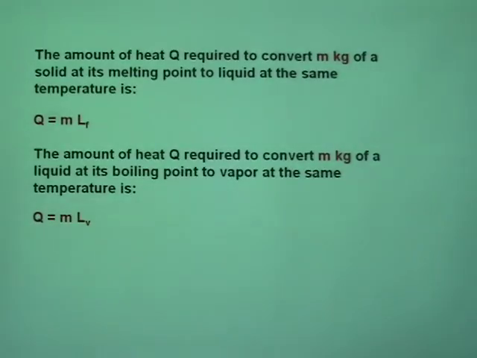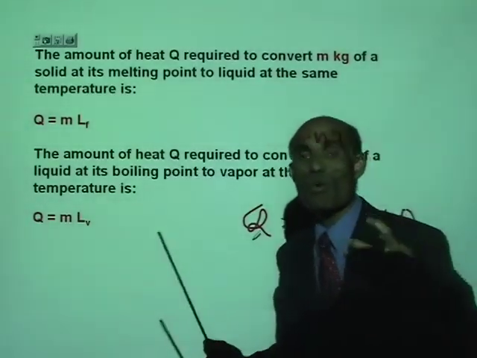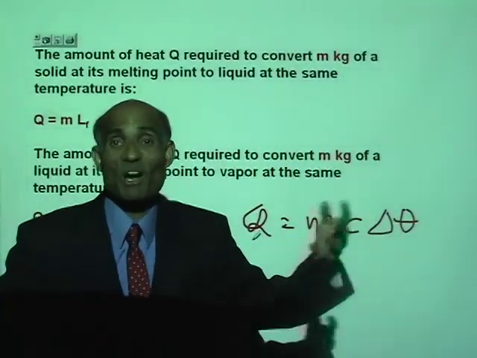And in order to change the temperature of a substance, the quantity of heat is mass times specific heat times the change in temperature. This is the formula we used to calculate the quantity of heat required to change the temperature of a substance.